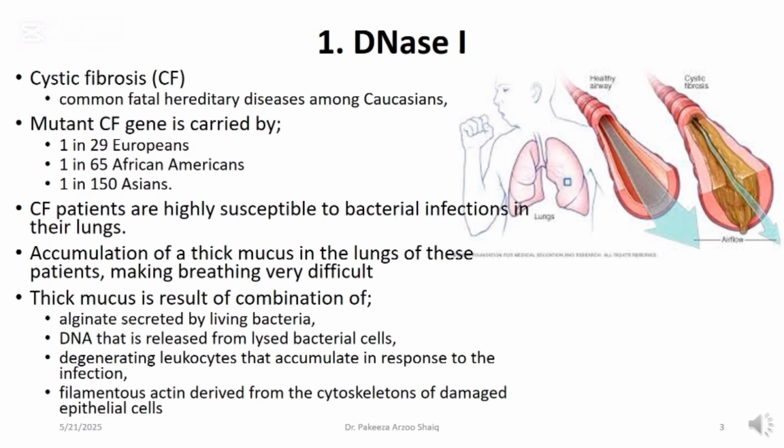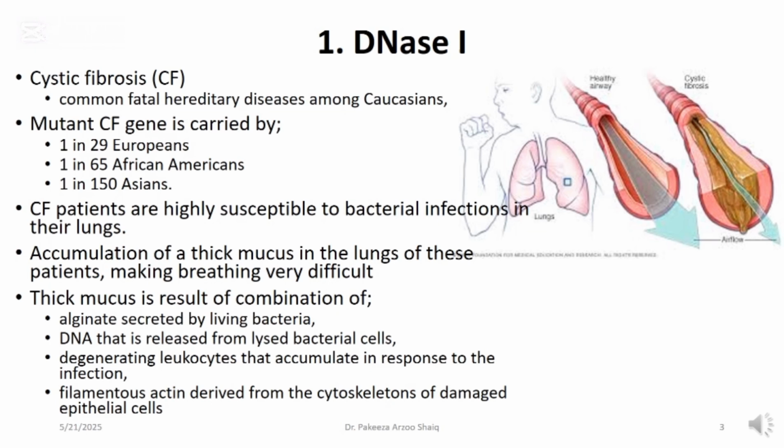Why does this thick mucus accumulate there? What is the reason behind it? So there are four elements to it. First, the infection in the lungs causes secretion of alginate. Second, the DNA which is released from the lysed bacterial cells, and these bacterial cells lysed because of the immune cells' attack on them.